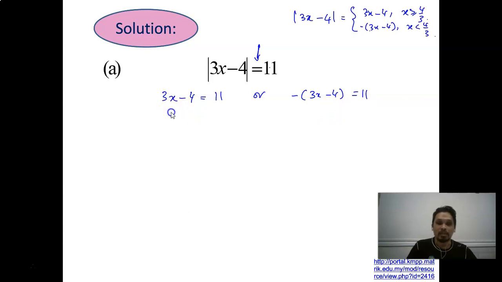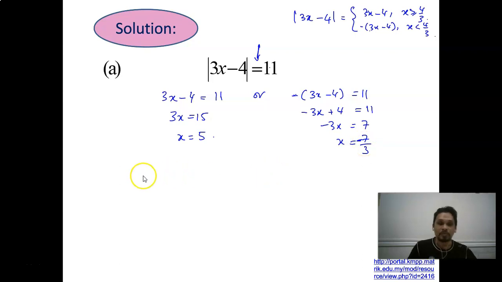So the negative 4 becomes positive, 11 plus 4 equal to 15, and x equals 15 divided by 3 equal to 5. And for this one, either you expand this negative with 3x minus 4, or you bring this negative to the left side. Both are acceptable. Negative 3x plus 4, negative times negative 4 is positive 4, equal to 11. So negative 3x equals 11 minus 4, 7. Then x equals negative 7 over 3.